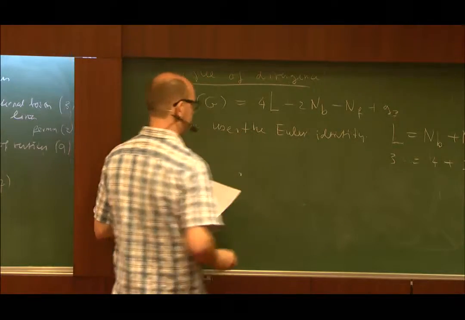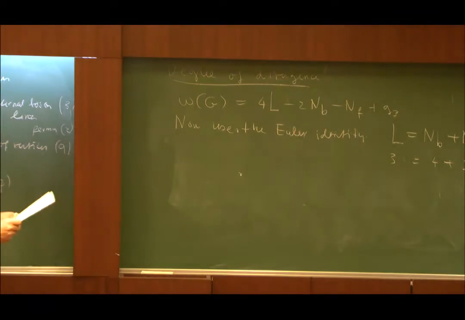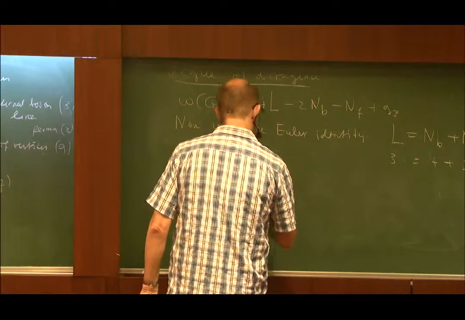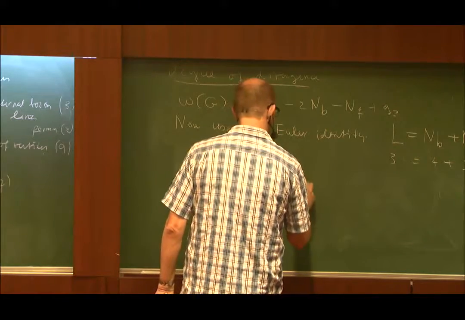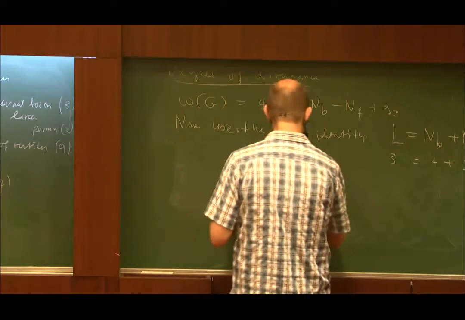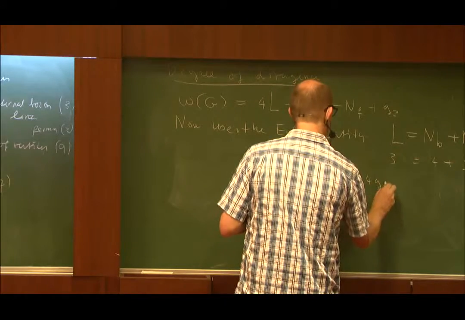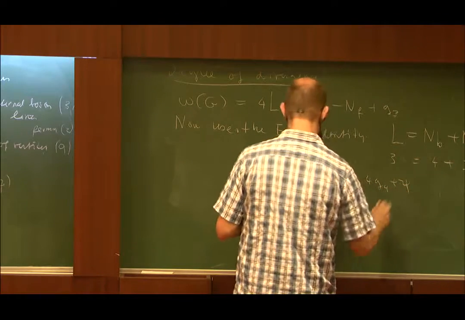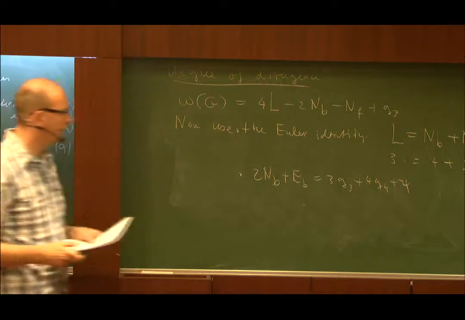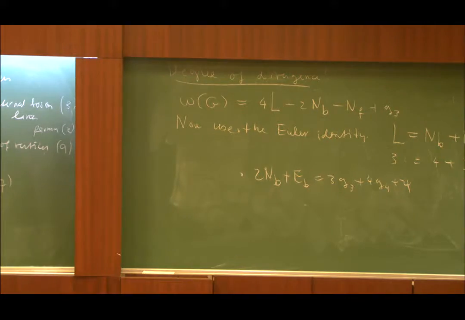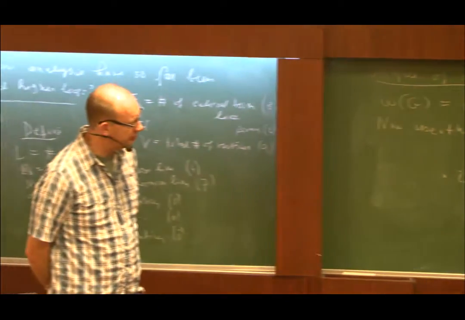Another one is the following identity. I'll write it down first. Twice the number of internal boson lines plus the number of external boson lines is 3G3 plus 4G4 plus psi. Any sense of where that comes from?